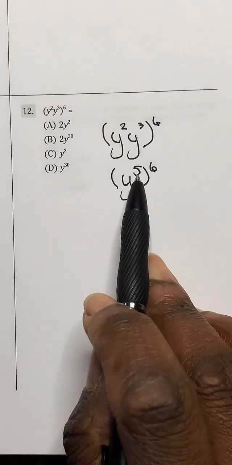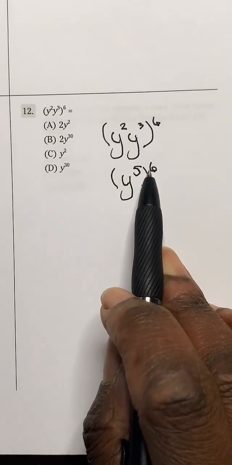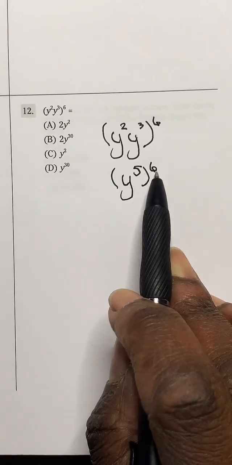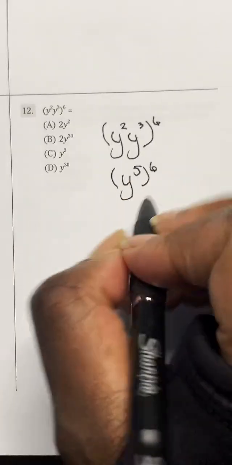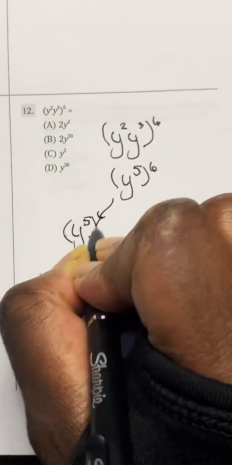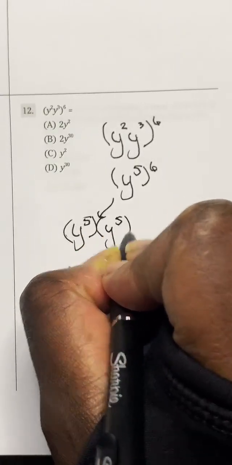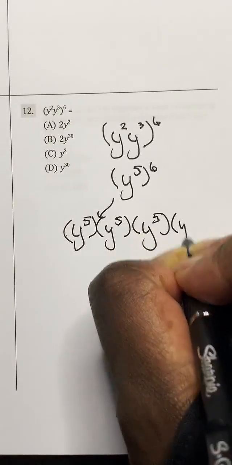Now, when you see a power being raised to a power like this, basically being split by a parenthesis, you are multiplying the exponents. Because if I put it in expanded form, you're saying y to the 5th is multiplying itself 6 times.